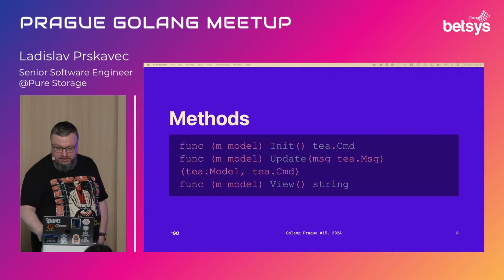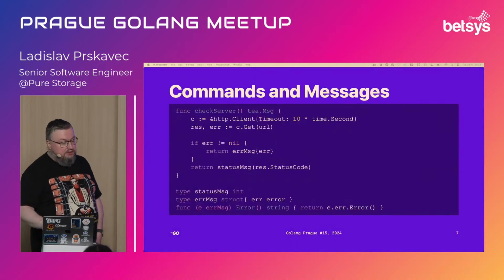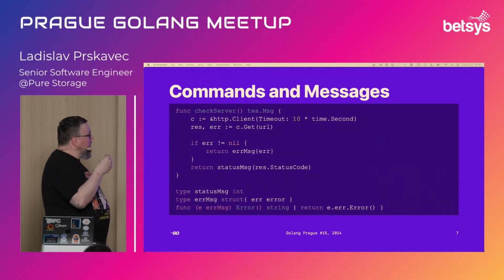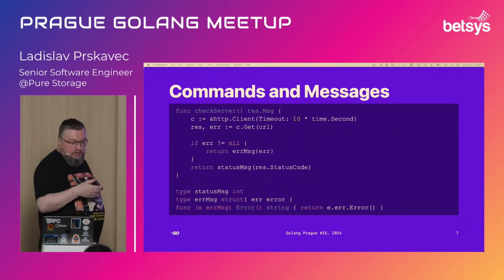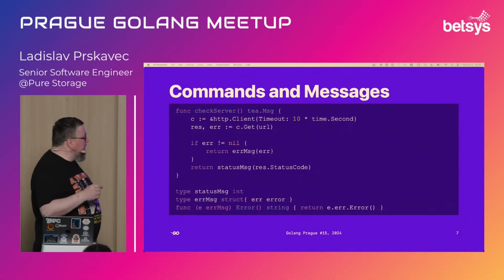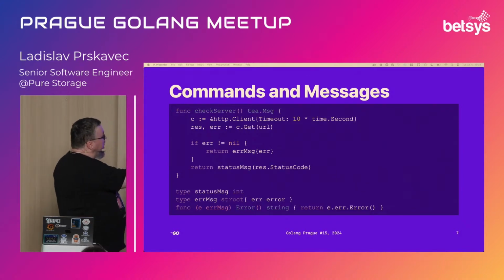What we need in the second part is to make some messages and commands that you need for communication. For example, you want to make some HTTP call on the start, and you need to communicate with that application, and you have to return the message.